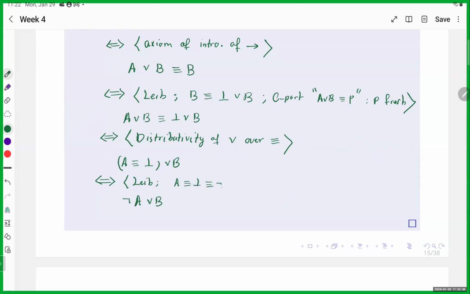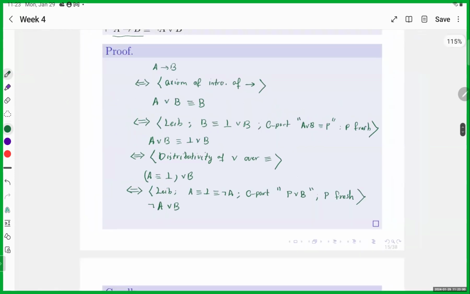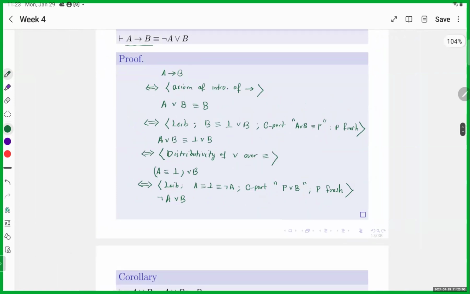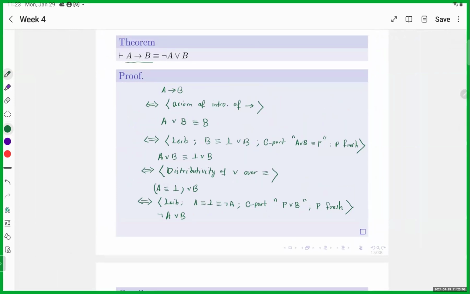The C part is P or B, P is fresh, and we're done. Any questions? We proved that A implies B is equivalent to negation of A or B. Questions? All right. If you don't have any questions, then you all have a nice day. See you on Wednesday.